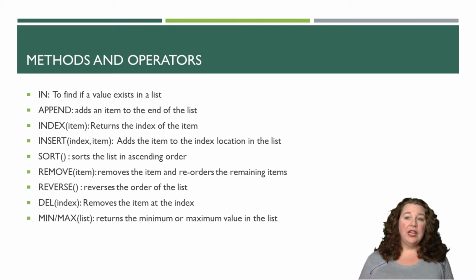We can return the index number of a specific item. So if I have a list of 100 numbers and I want to know which index number 15 is in, I can say index of 15 and it will return what index in my list that is. I might need to know where it exists in my list for a purpose.